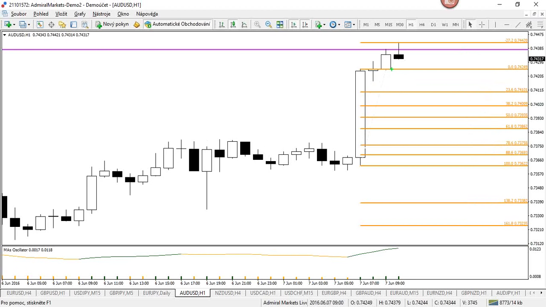Either this candle high and low confluence here at 74.25 or close to it. If we do break it, then we might fall down to the 23.65 at 74.10 or 74.